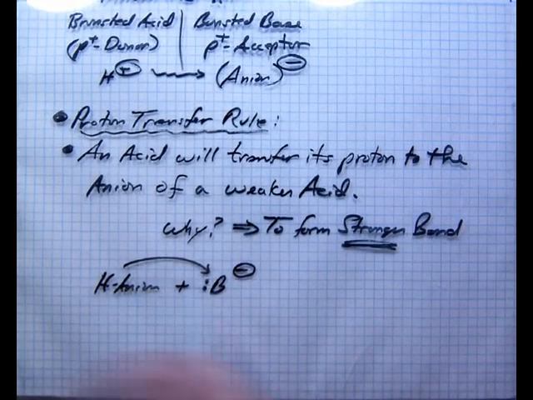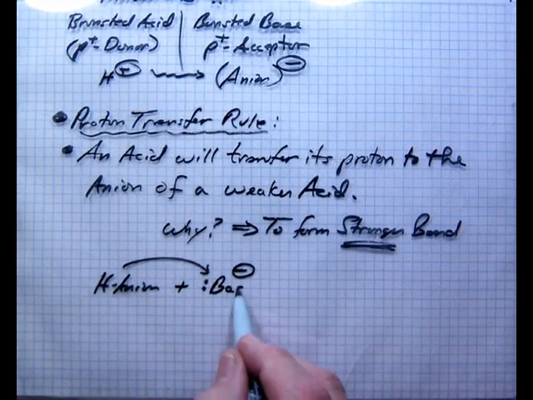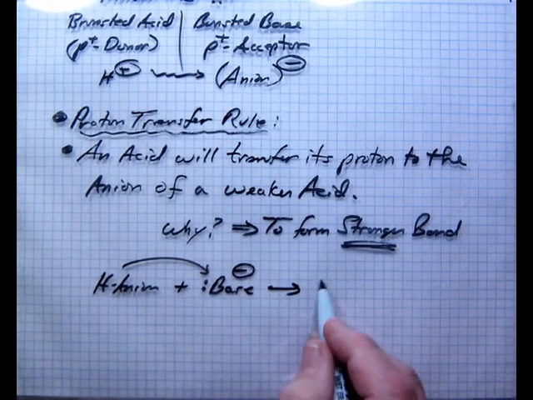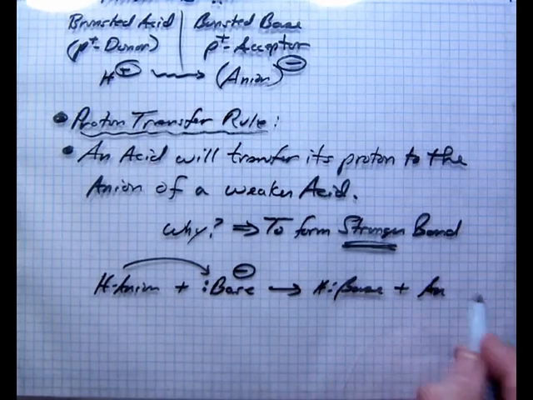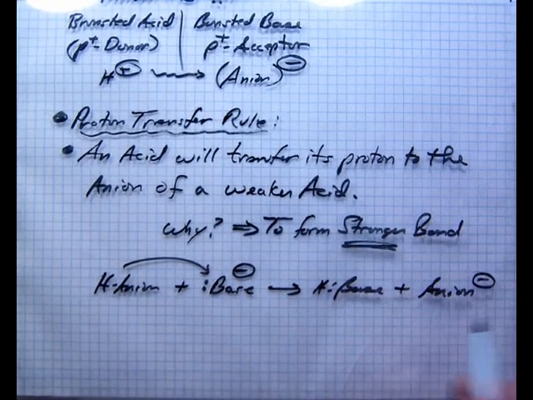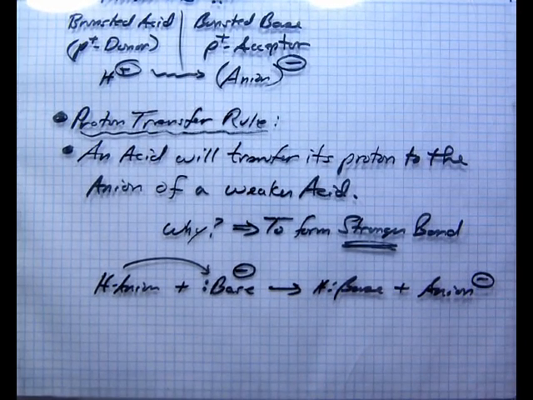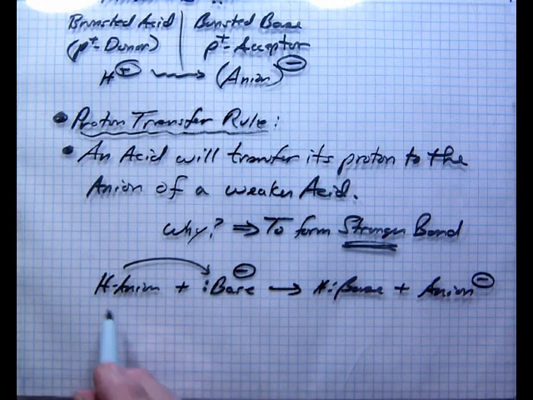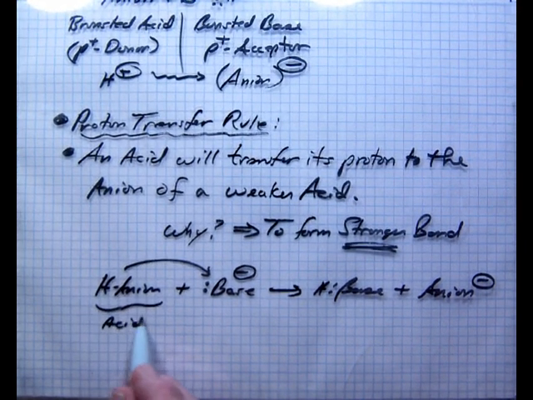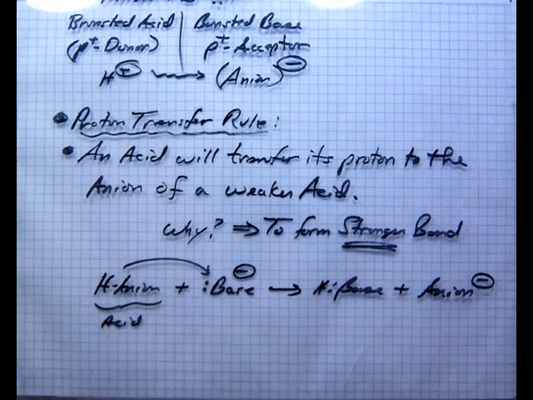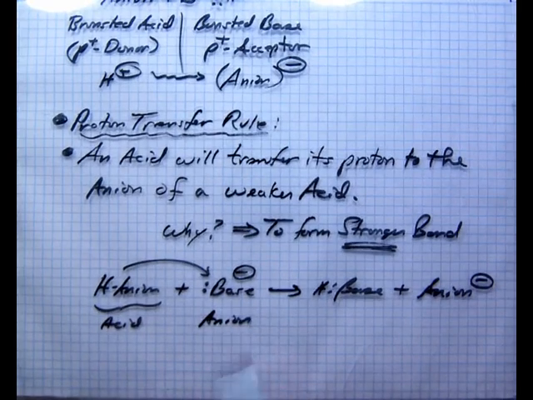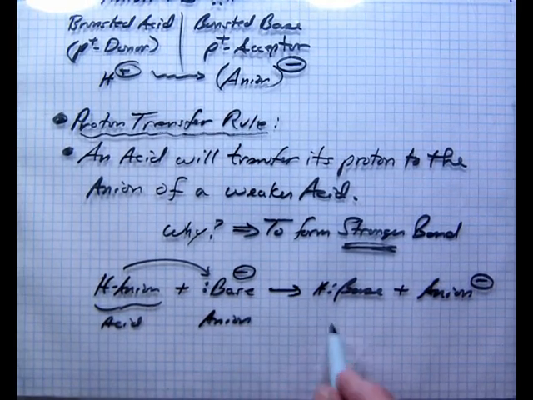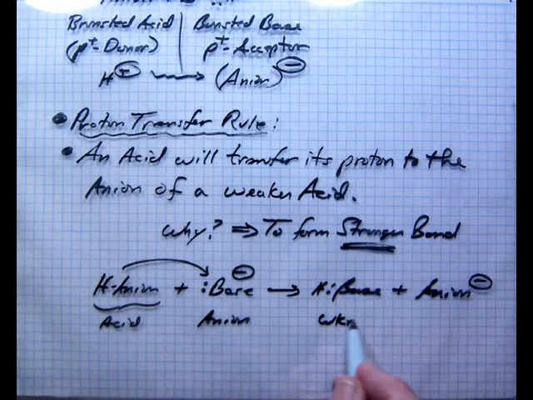This would transfer to that base, to form H base plus an anion that's not strong enough to hold that hydrogen. It's an acid that's transferring its proton to an anion of a weaker acid.